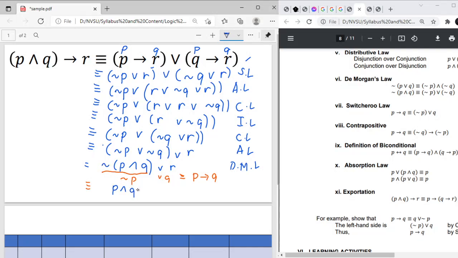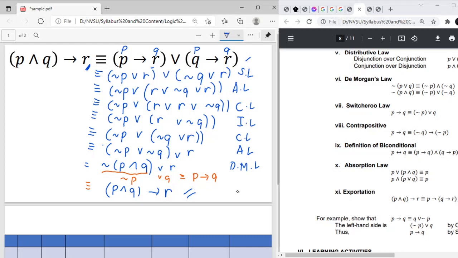Ayan, negation ng negation, that is P and Q, that is our P, implies yung R natin dyan, which is the counterpart of Q. So we have P and Q implies R. So yun yung nakuha natin, which is logically equivalent with our given statement on the left side.